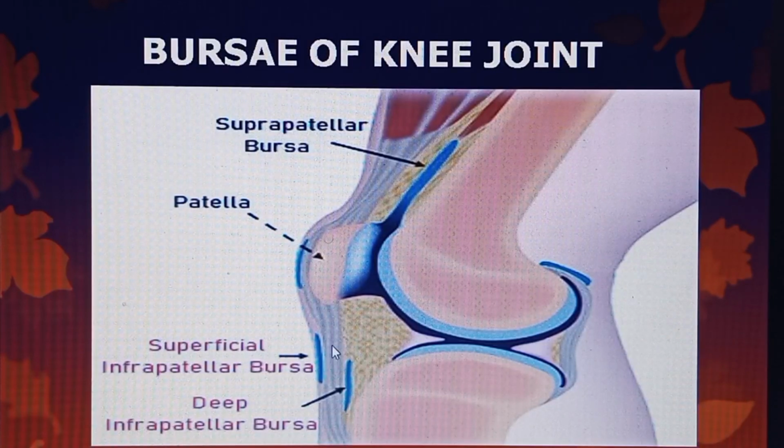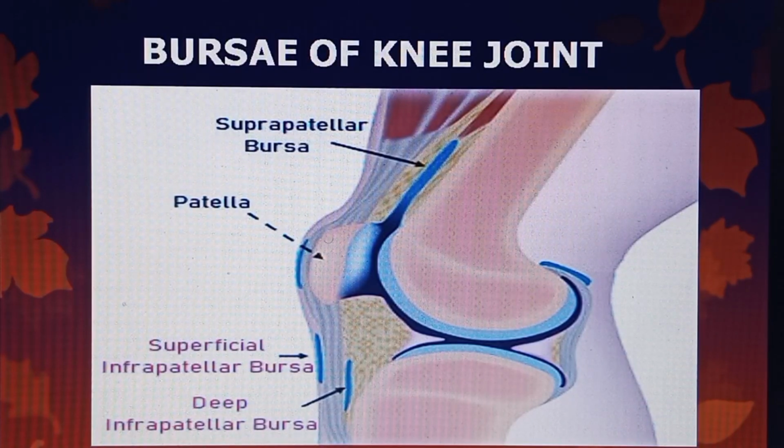One of them comes mainly in front of the patellar tendon or the patellar ligament, and that is why it becomes the superficial infrapatellar bursa. And then we have another one which comes deep to the patellar tendon or the patellar ligament, and that is why it becomes the deep infrapatellar bursa. So these are the things that we see over here.